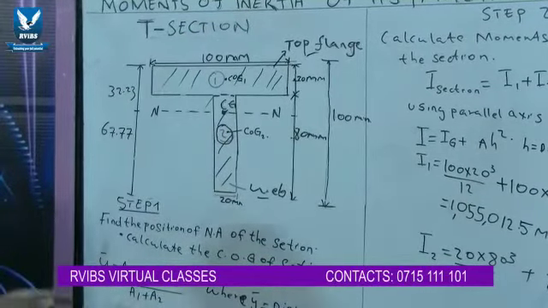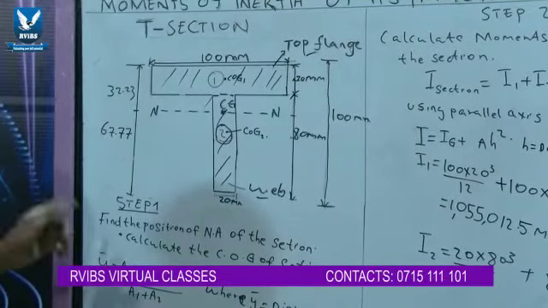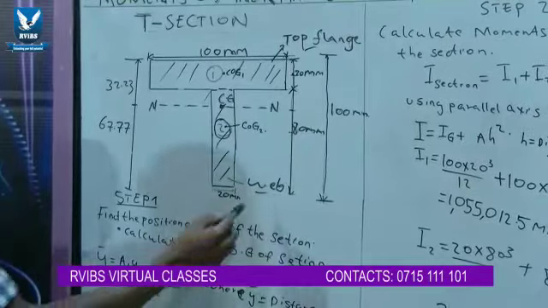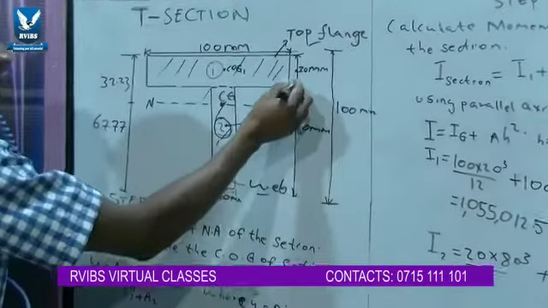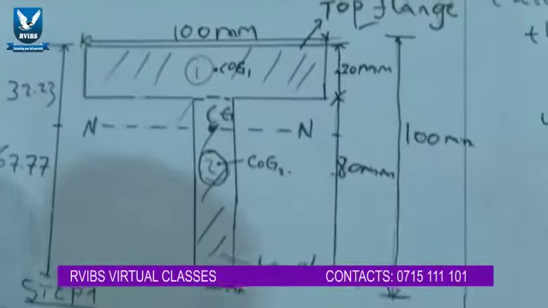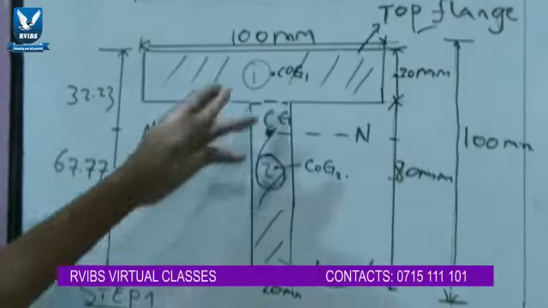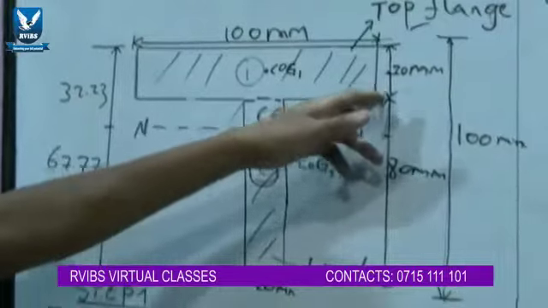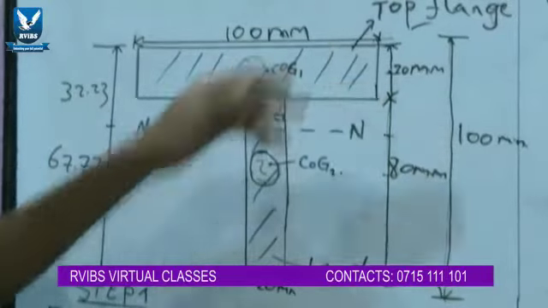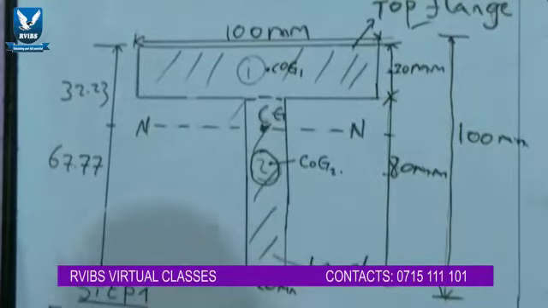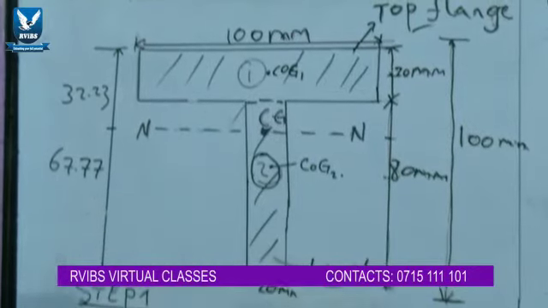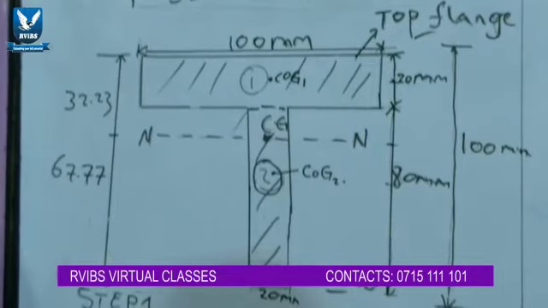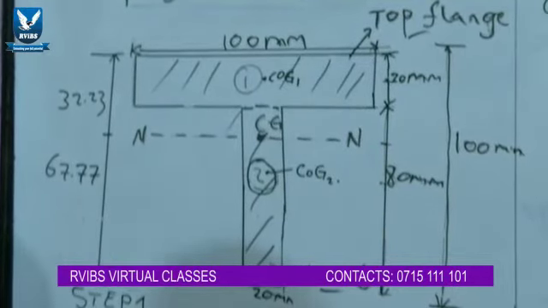And the distance of the section from the bottom axis is 80, as you can see here, 80 up to there, and then plus half the thickness, because the center of gravity of section 1 is half the distance from the top of the section. That is actually 10. So it's 100 times 20, that is the area, and the y1 will be 90.